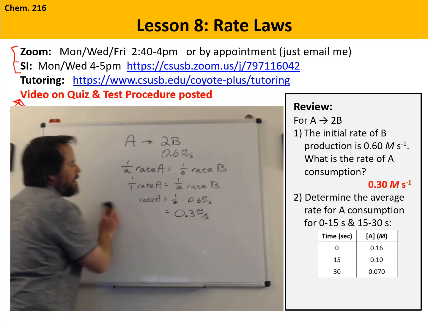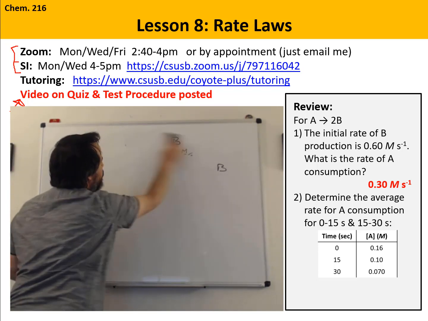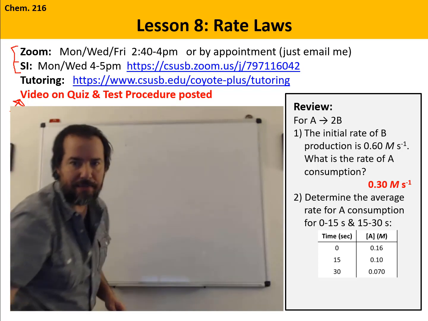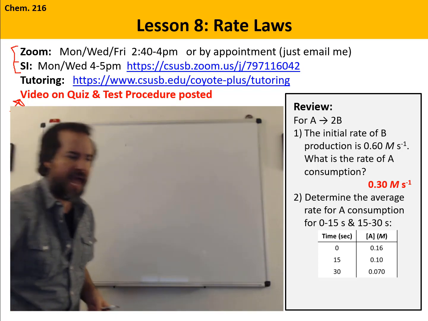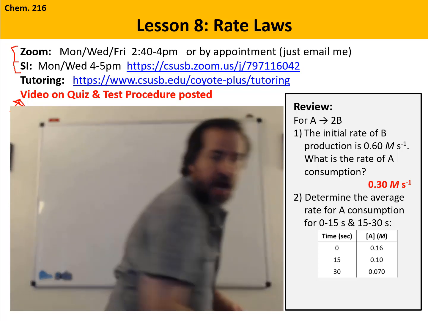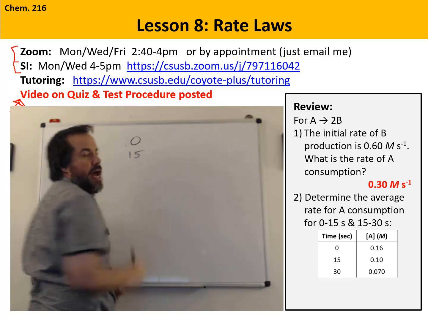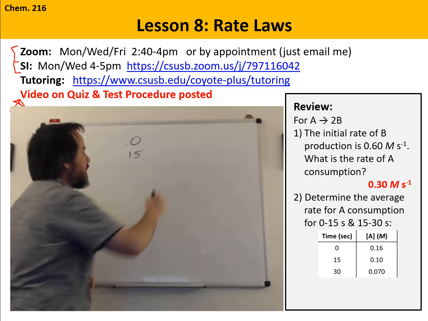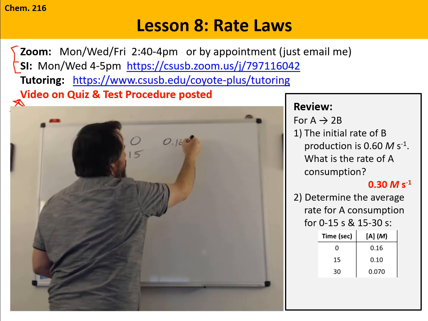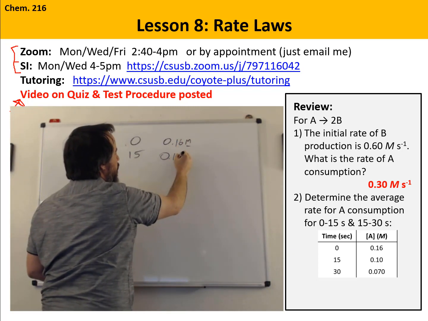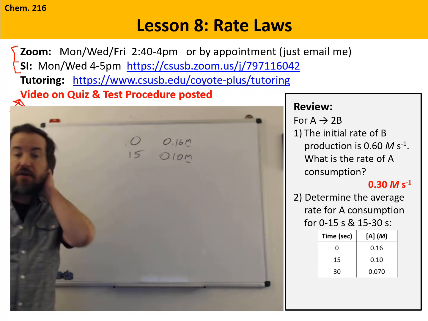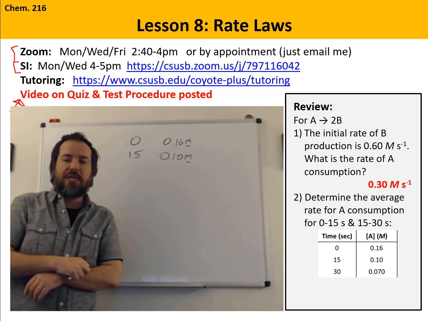Now let's look at the second problem, which is all about how we calculate rates. Let's say we have this data, time and concentration: at 0 and 15 seconds, 0.16 molar and then 0.10 molar. If we want to figure out the rates, what do we do?